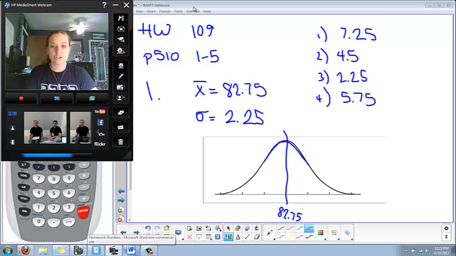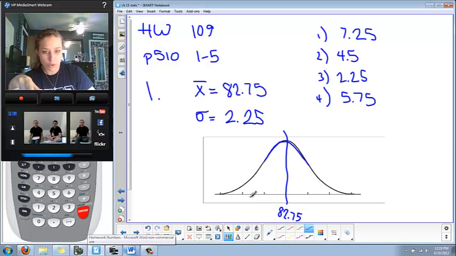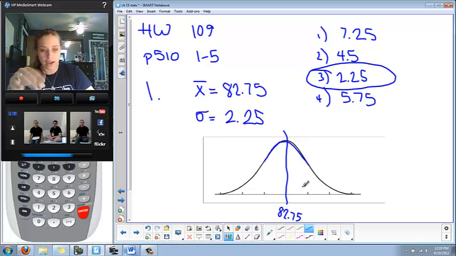So if I were to graph all these and put the scores in the right places, option number 3 would be the closest to the average, meaning it's the place where it is the most likely to occur. And I think 80.5 would lie right there, because it's actually 2.25 away from the mean, and that's the distance for our standard deviation.